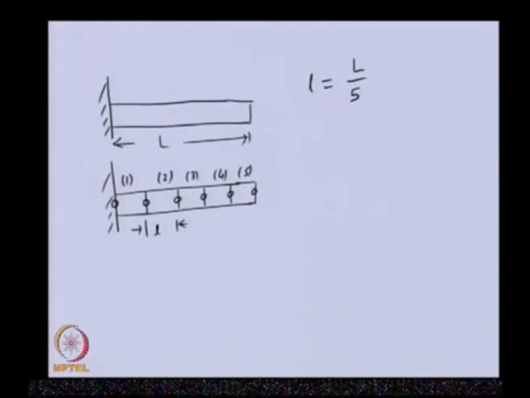So, we have node 1 here, node 2, node 3, node 4, node 5 and node 6. These are the node positions, and in the finite element method we will try to find the solution at these node positions, and if we want the solution in between, we will use some kind of interpolation function to obtain that.